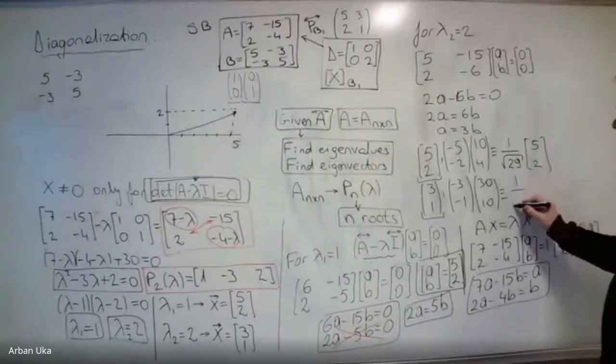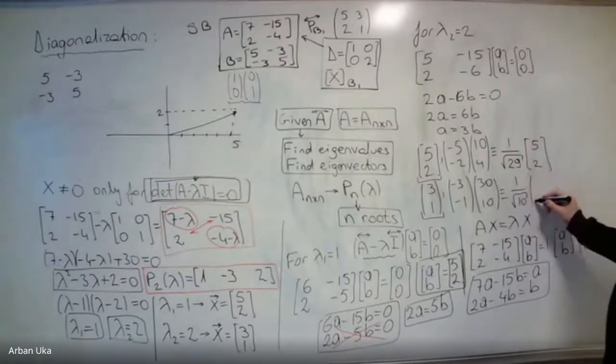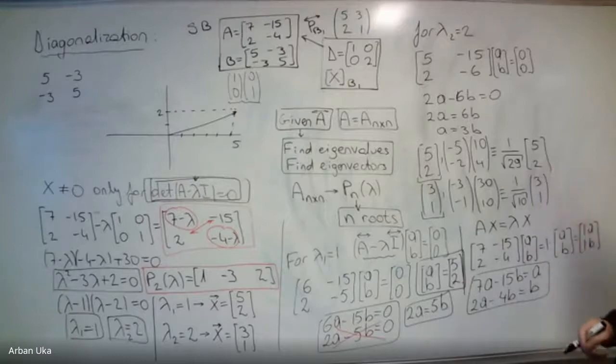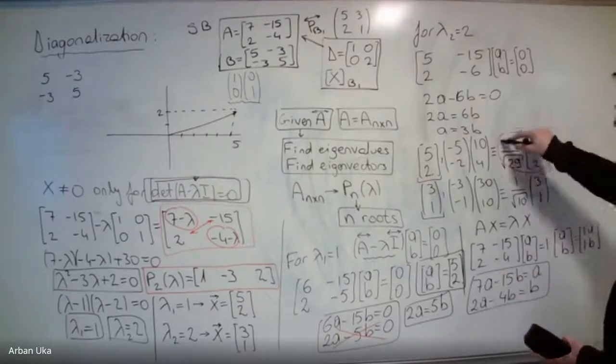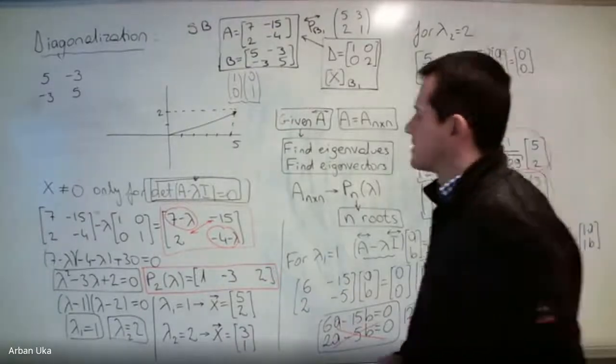Root of 10. So here we have 1 over the square root of 10 multiplied by 3 and 1. So this could be the best choice. They are unit vectors in that case, unit eigenvectors. Yes, they are unit length vectors.